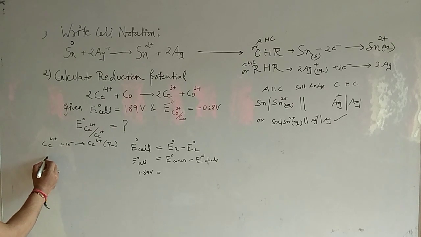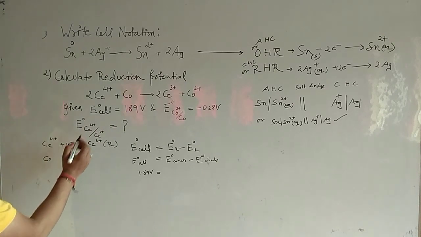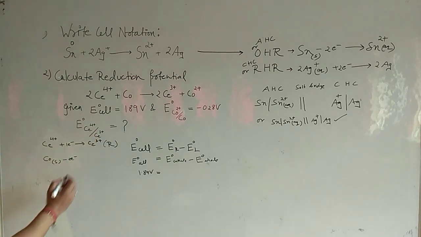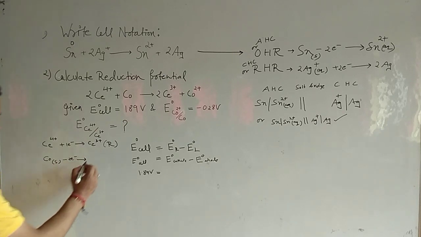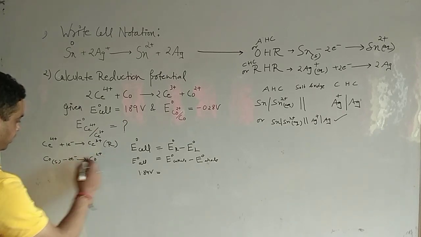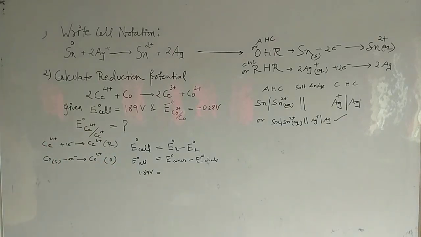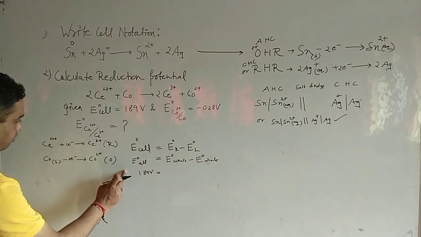This is your cobalt, in solid state, and it is losing 2 moles of electrons to form Co2 positive. This is the process of oxidation. So you can also write the overall reaction for this.